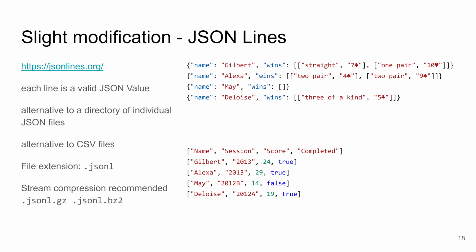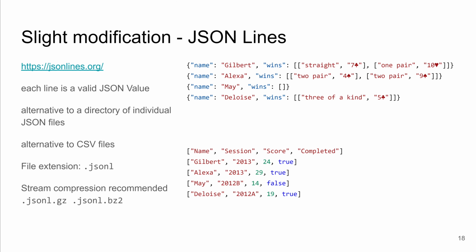So for lists of records where some of the values are structured, it might be beneficial to actually use JSON lines instead of CSV, because you can take each line and run a JSON parser on each line, and you know that you can parse the JSON lines file like this without any problems.